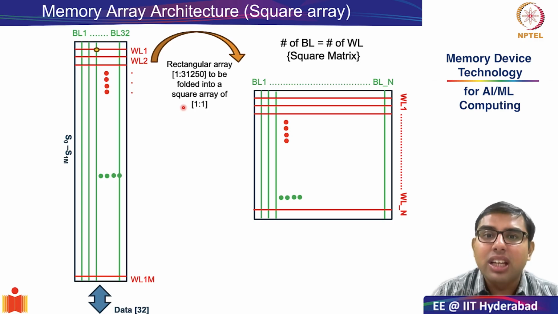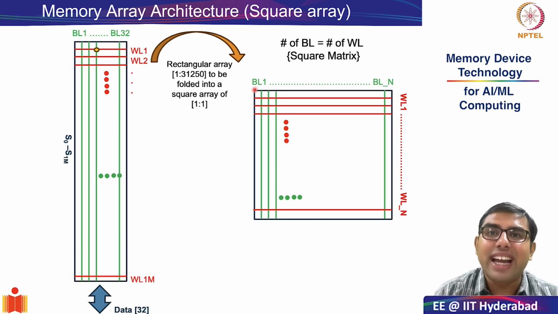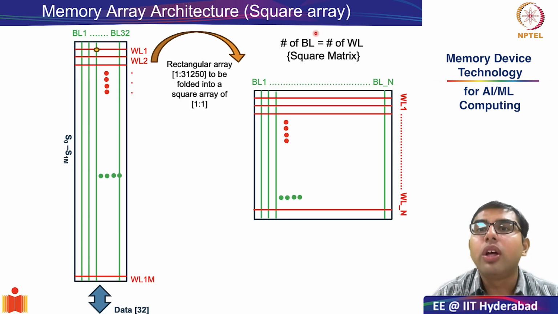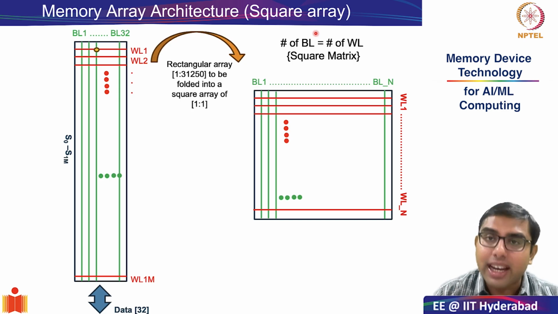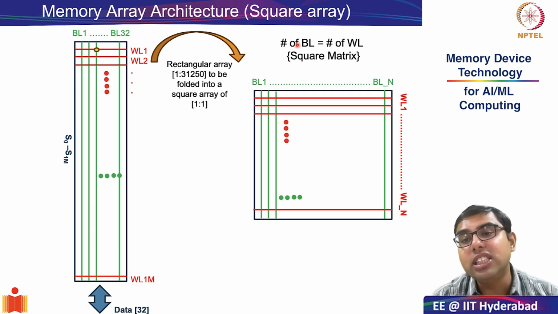That means that the sides of the array, represented by the number of bit lines and word lines, have to be equal. So the fundamental constraint we put into an effective design is to have a square matrix array with the number of bit lines and the number of word lines being equal.